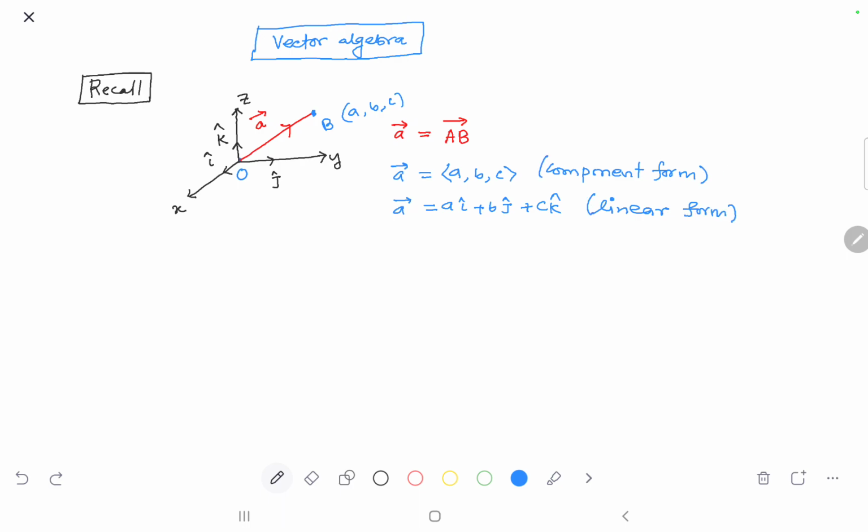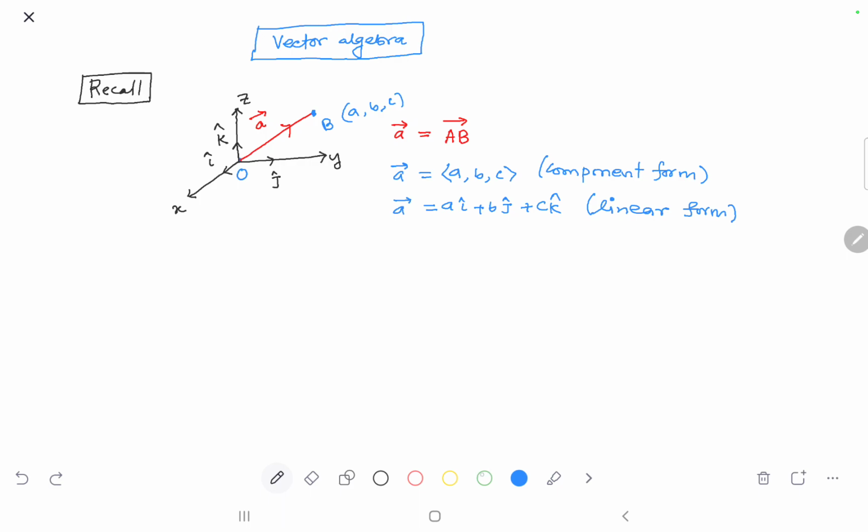Any vector is a directed line segment, and any vector always has three components. If you are considering a vector in a plane, then the last component, the coefficient of k, will not appear.